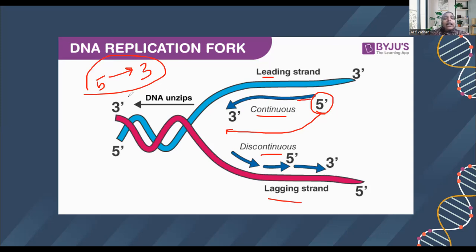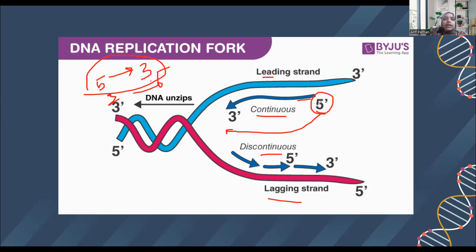We know that the strands of the DNA have anti-polarity, they are anti-parallel in nature. If one strand is in the 5 dash to 3 dash direction, the other strand is in the direction of 3 dash to 5 dash. That is how both the daughter strands will be made, but they will be made in opposite directions.